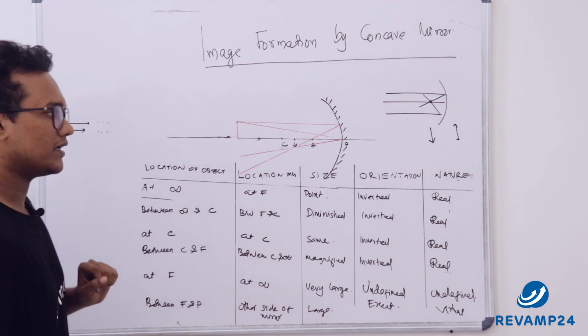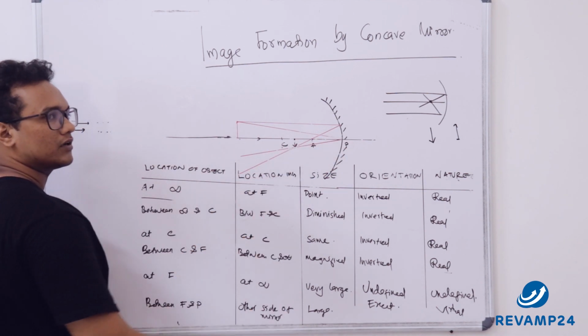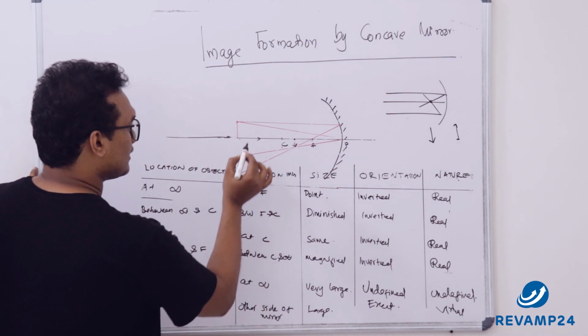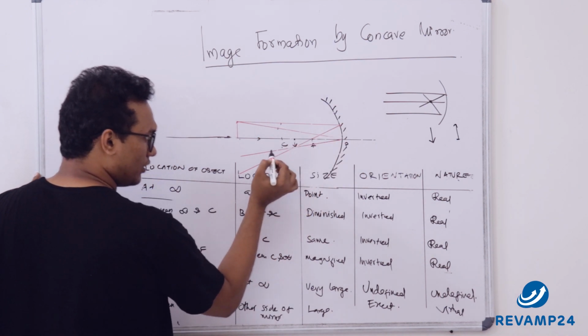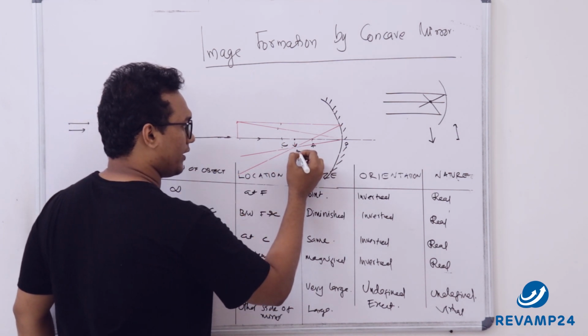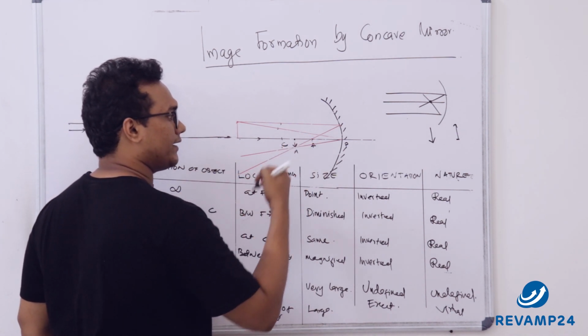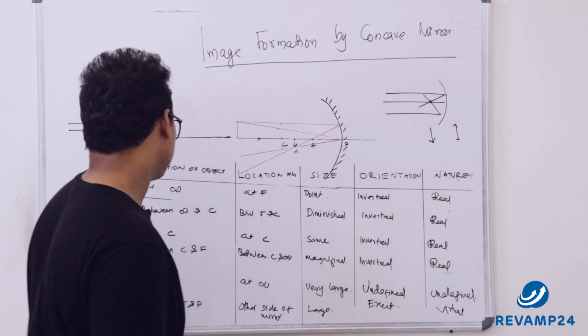Real image means the image is formed after the actual intersection of rays. See here, these 2 red lines after reflection would go in this way, and they actually intersect at this point, point M. At point M they are actually intersecting, so the image formed is a real image.